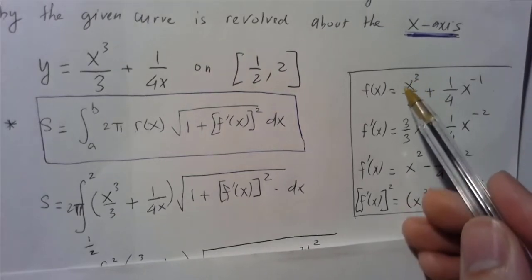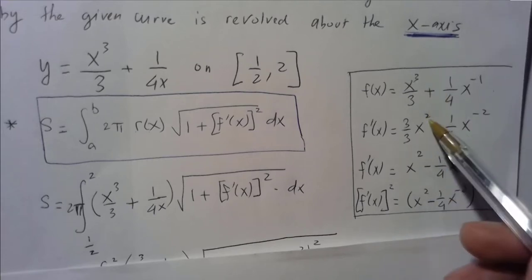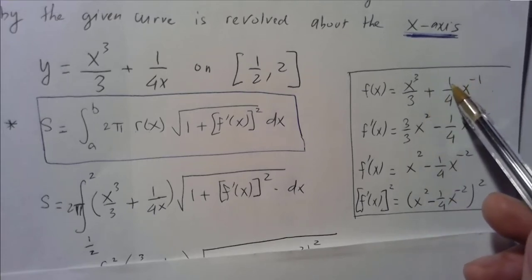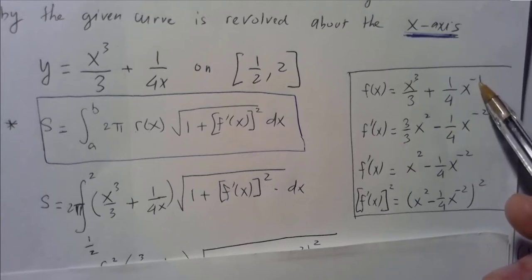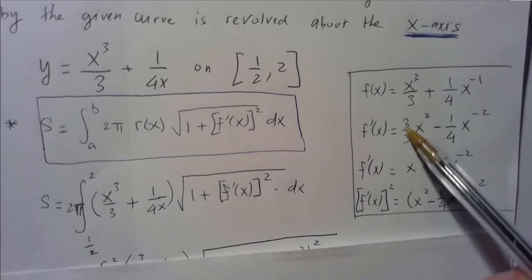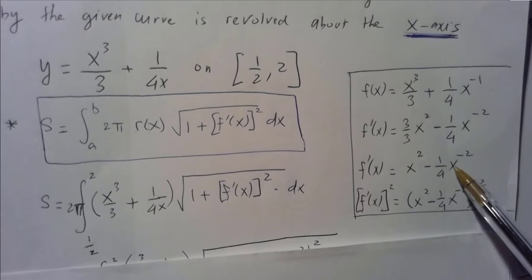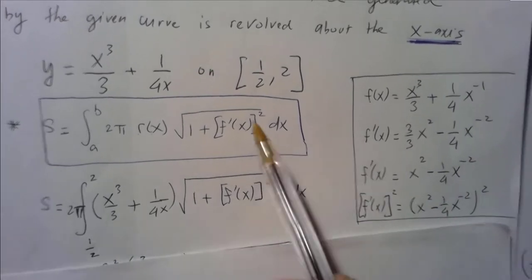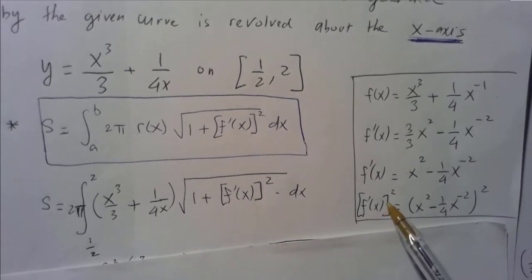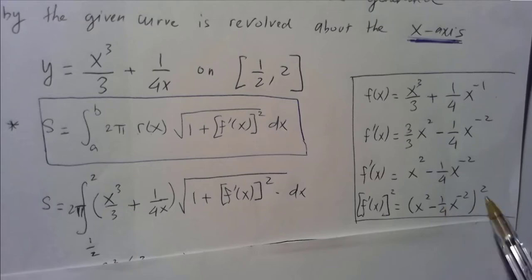Bring down 3, and then subtract 1 from that, that becomes 2. And then bring negative 1 down here, that becomes negative 1/4, and then subtract 1 from negative 1, that becomes negative 2. Here you can simplify this to get x squared, and then minus 1/4, and then x to the negative 2 power. And then we need the square here, that's why the whole quantity squared becomes the whole thing you just found here, and then squared.